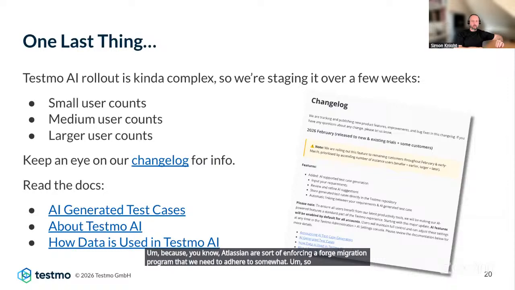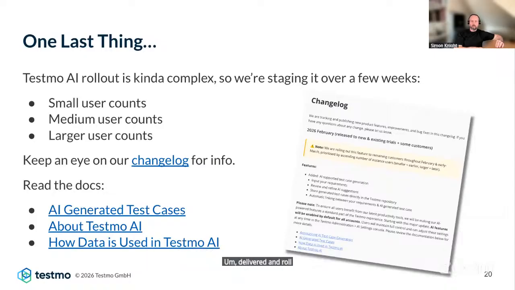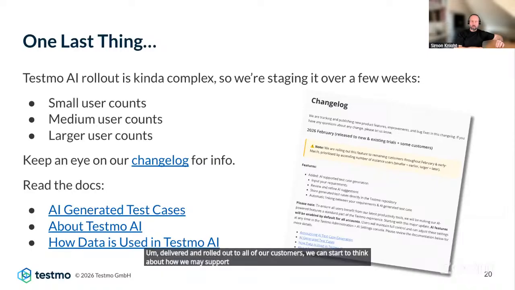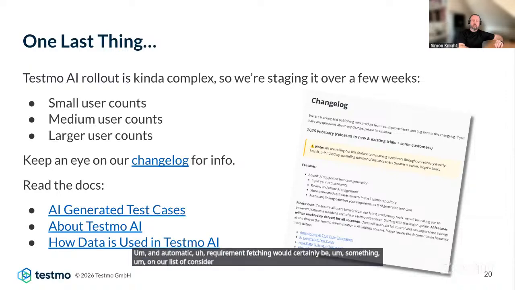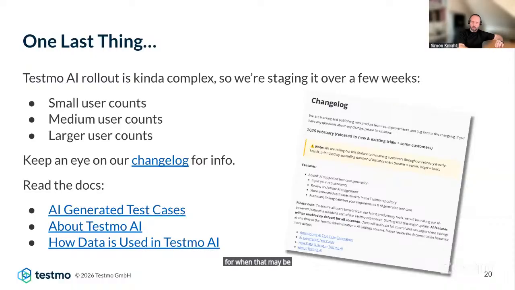Once we've delivered the Forge app and rolled it out to all of our customers, we can start to think about how we may support additional integrations with Jira using the new Atlassian Forge framework. Automatic requirement fetching would certainly be on our list of considerations there. We don't have a current plan or date for when that may be implemented, but it's definitely on our radar for the future.